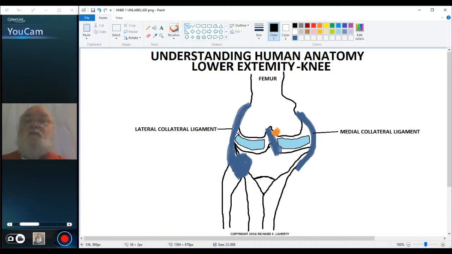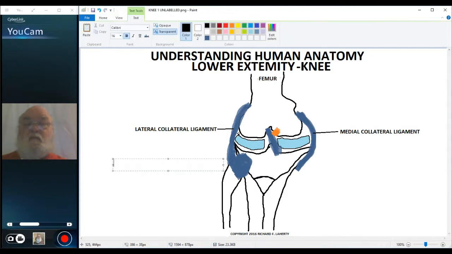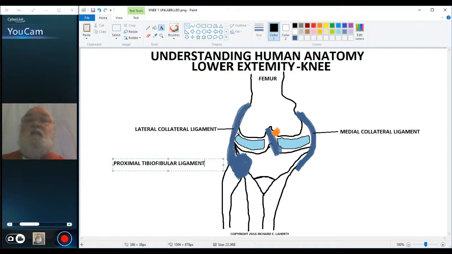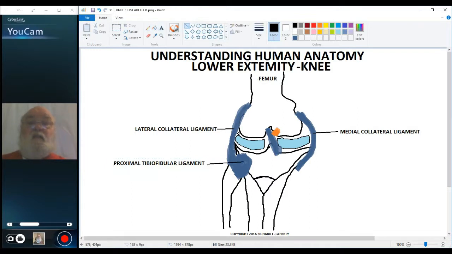The proximal tibiofibular ligament. And then the two cruciate ligaments.